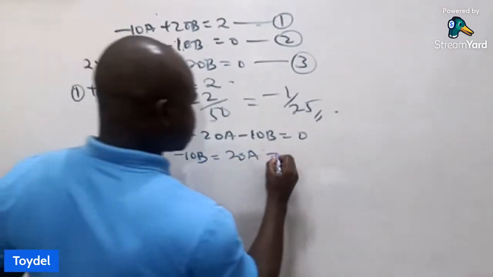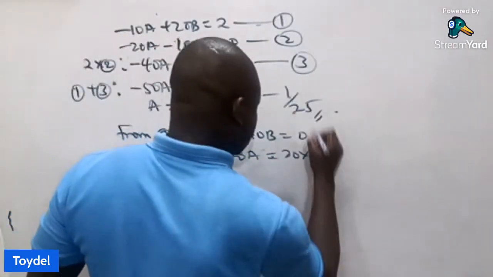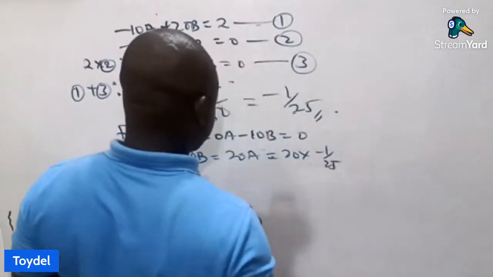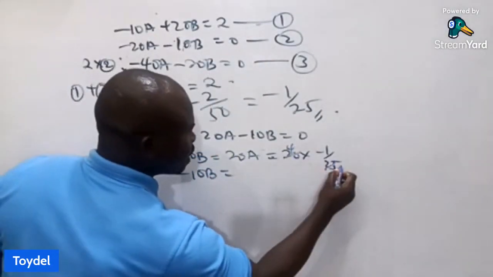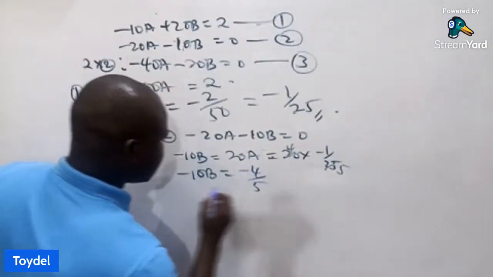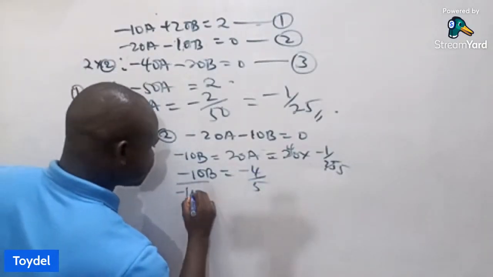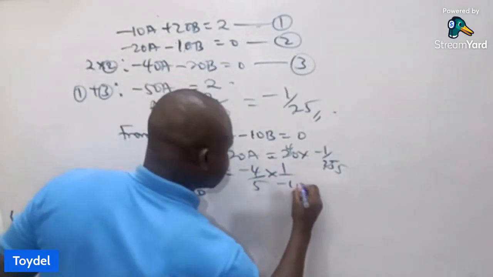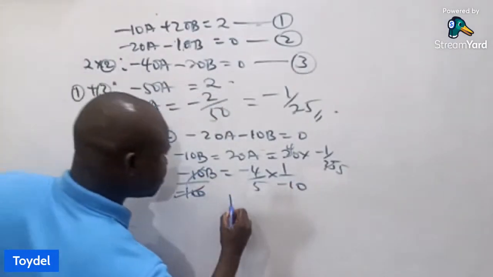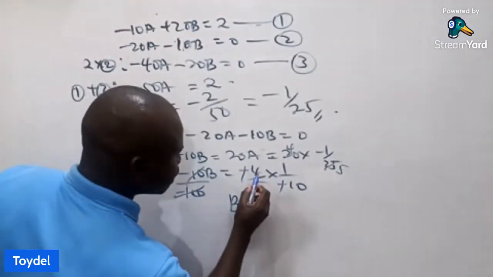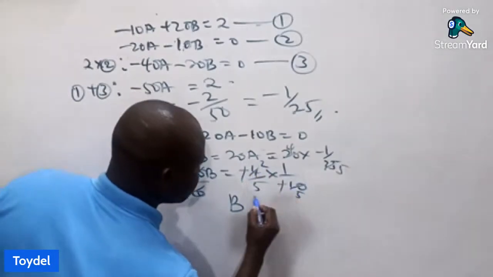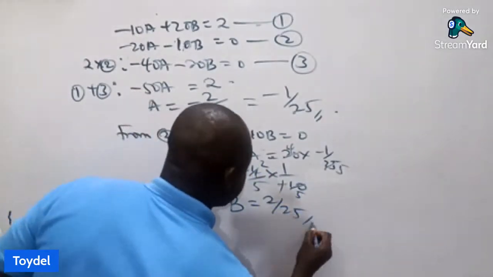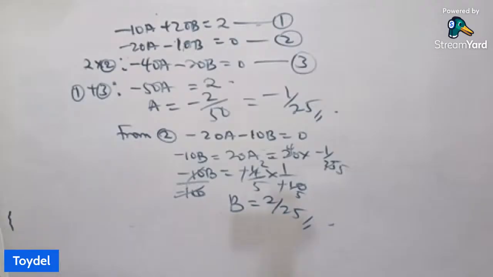What is a? a is minus 1 over 25, so minus 10b will be equal to minus 4 all over 5. If I divide both sides by minus 10, b will be equal to 2 all over 25.